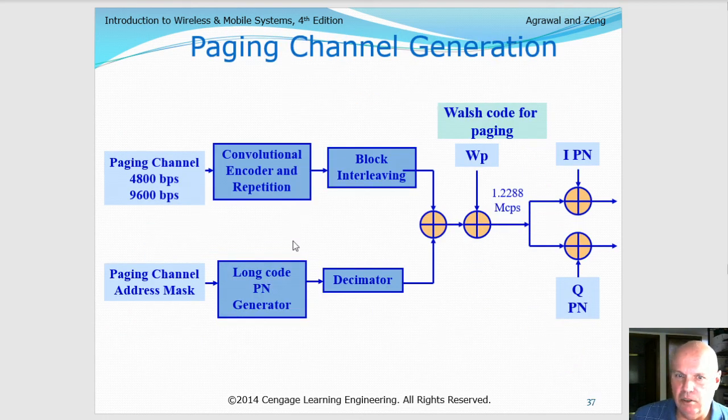Paging channel, similarly, the pseudo noise code was mixed in to provide some security. But again, if you'll notice, all of the ultimate chip rate is 1.2 megabits per second, or megacycles per second here.